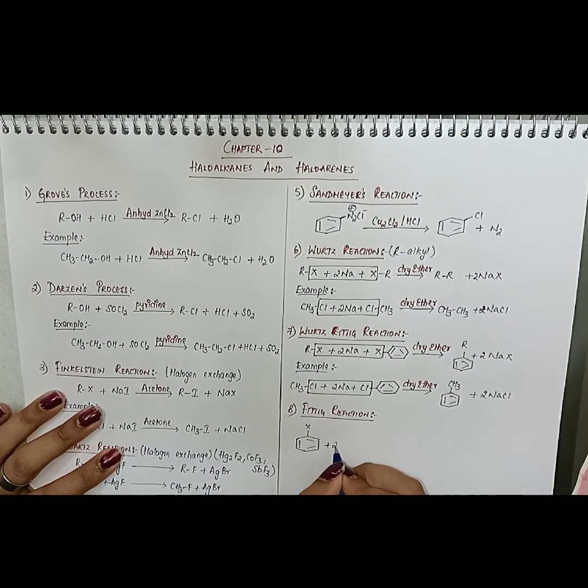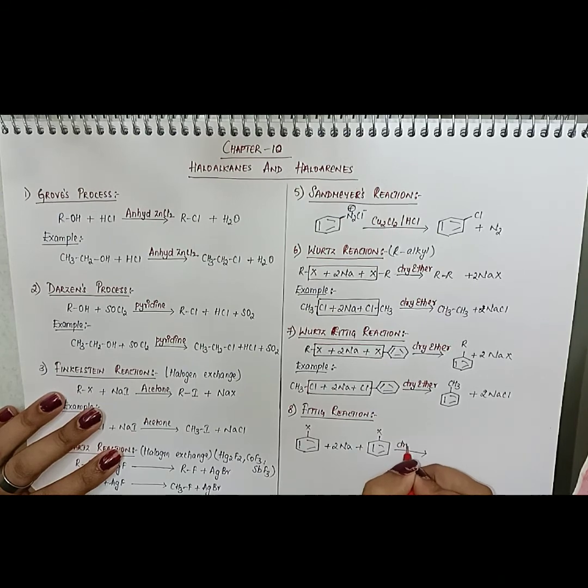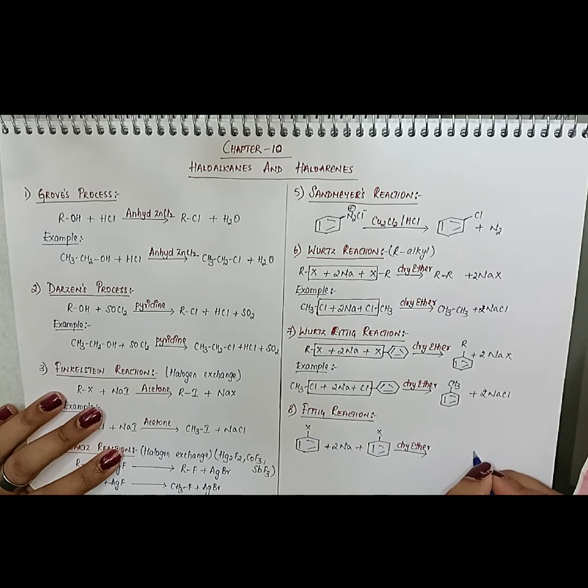Now same way here also, both the halogens are going to pick up Na and form 2NaX, and benzene rings are going to be bonded to each other to form a diphenyl. So here you're going to form a biphenyl like this with Fittig reaction.